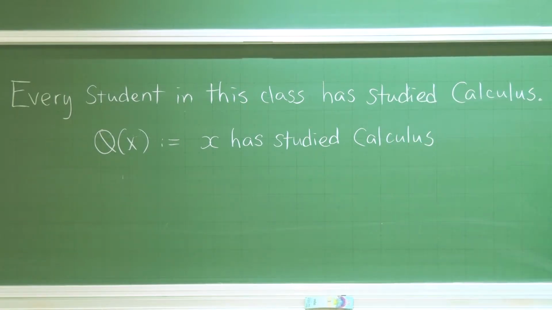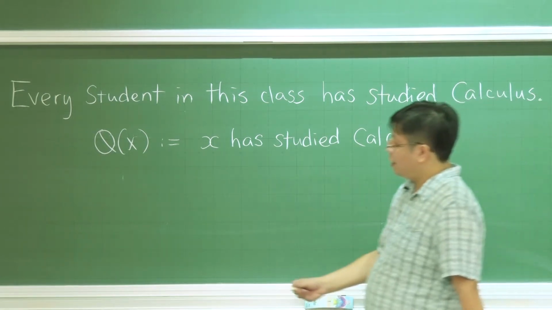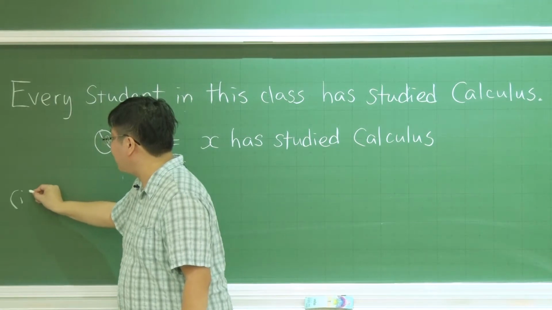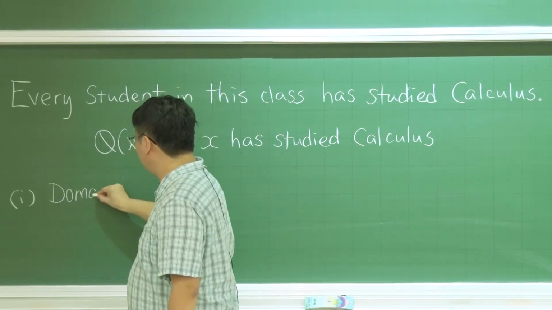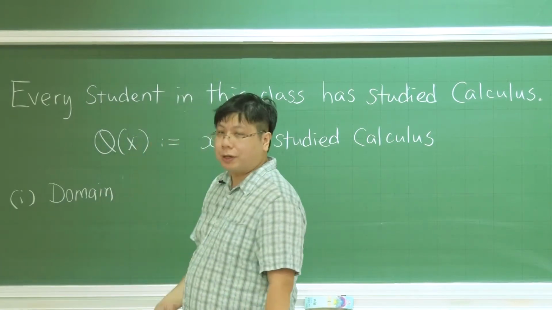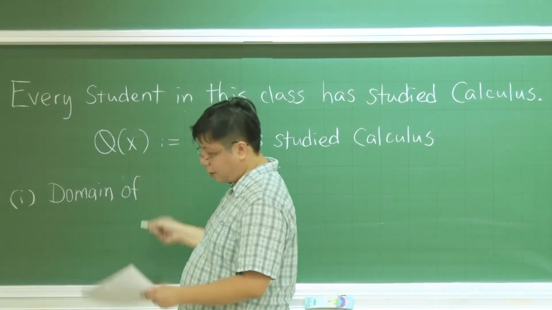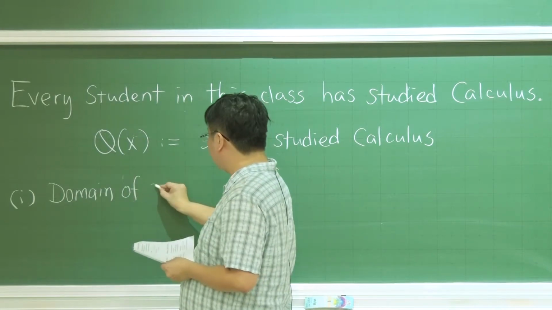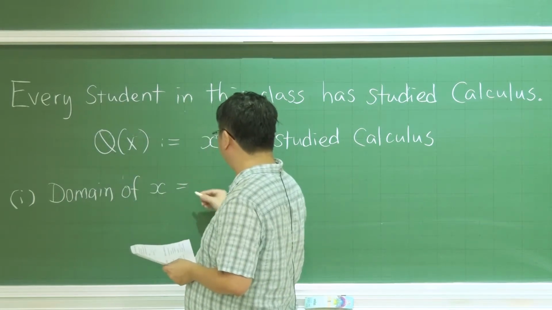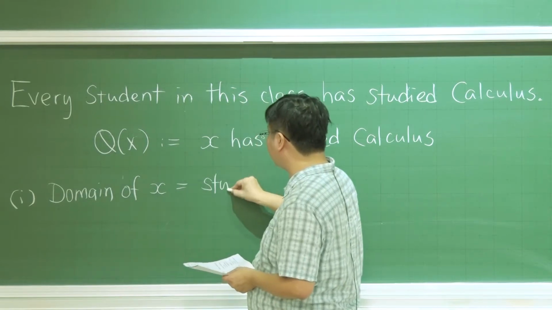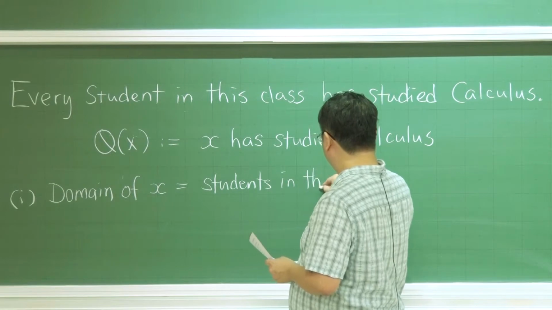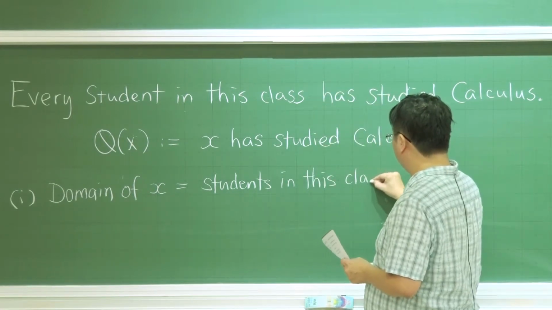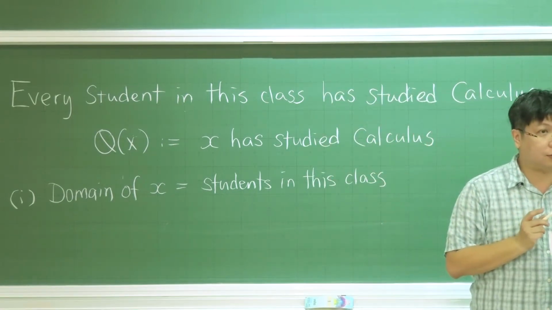Now, how to translate this one into this one? I have two parts. So the first part, let's make it easy. We assume that the domain of x is just the students in this class. So this is the first question.